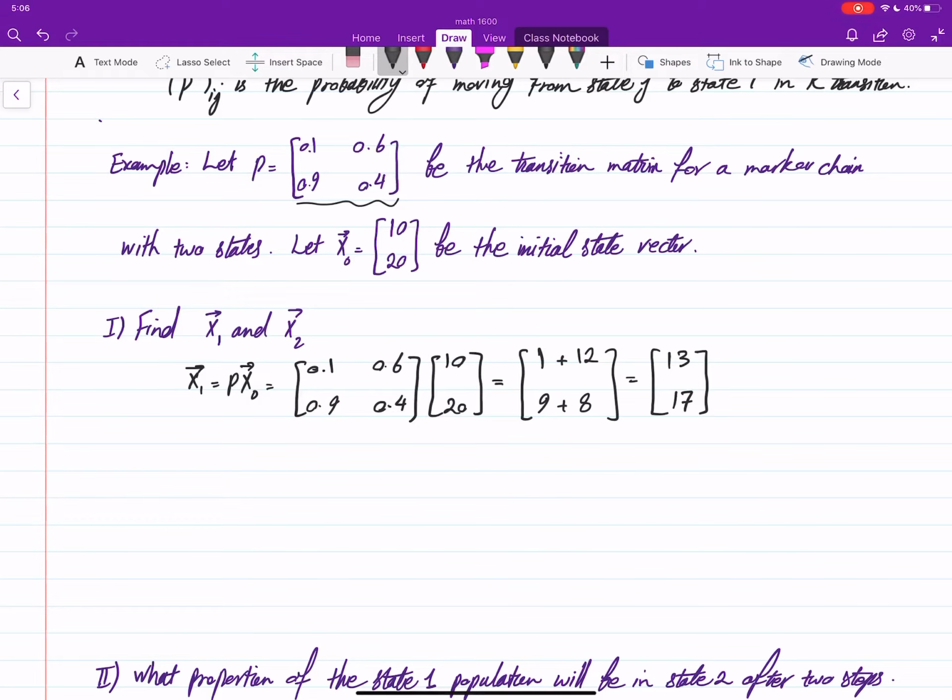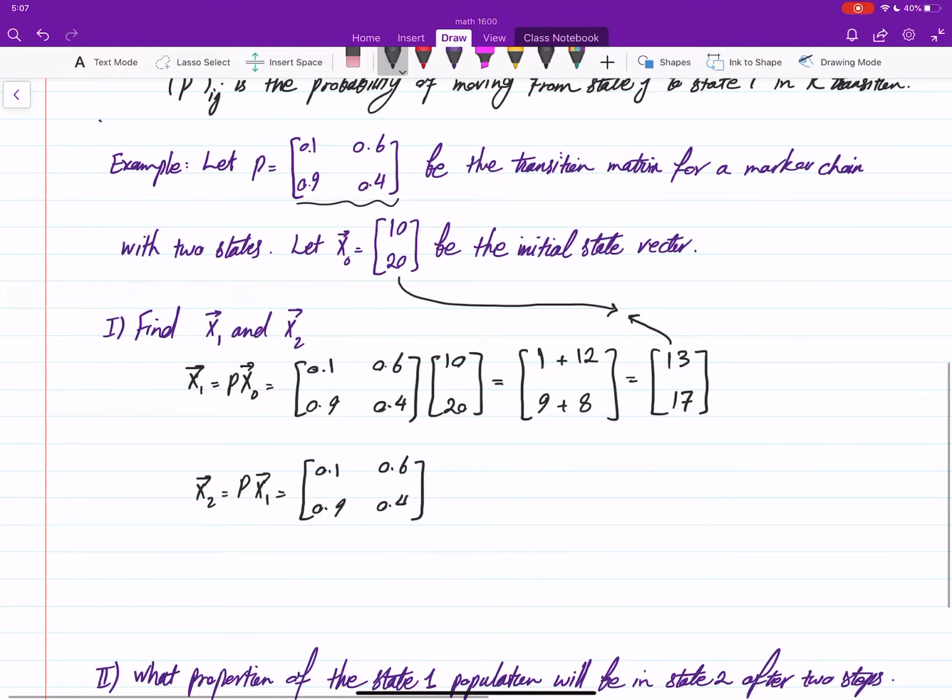One of the characteristics of the state vectors in Markov chains is that the sum of the components of state vectors always stays the same. So for the population, you don't have anyone leaving the process, just one transforming to another or the other way. Okay. x2 here would go as P x1, that is 0.1, 0.6, 0.9, 0.4 times 13, 17.